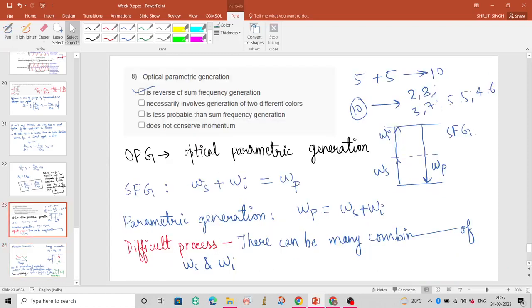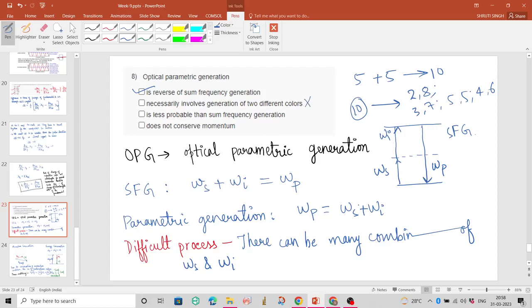So the answer to the question: optical parametric generation is the reverse of sum frequency generation, which is true. Necessarily involves generation of two different colors? This omega s and omega I can be of the same color as well. It can be exactly the reverse of second harmonic generation. So this one is not true.